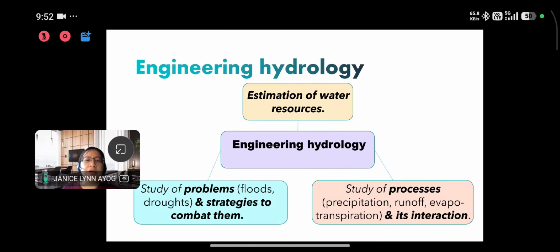Also, you're going to study about the problems. You're looking into floods and also droughts. So floods, too much water, droughts, too little water, and basically how to combat them. What are the strategies that you have to take, or possible management to make sure that it doesn't get worse.